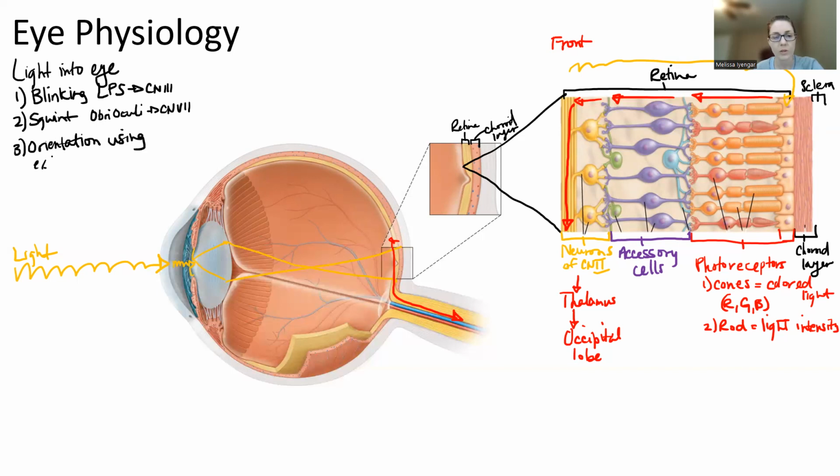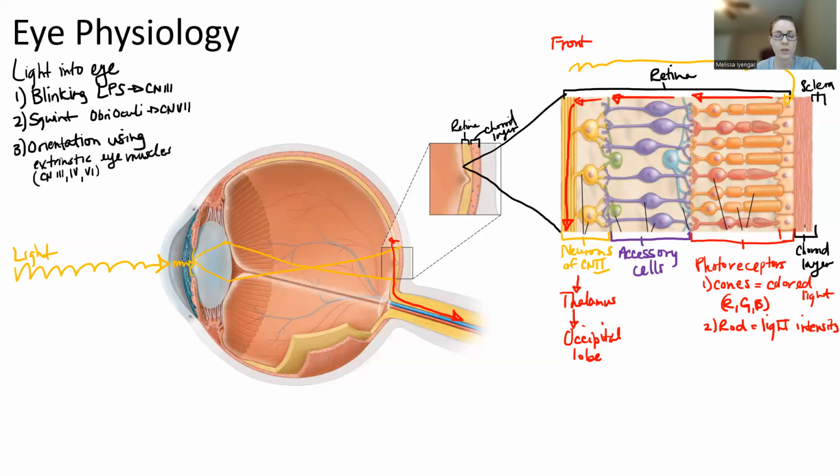And that's going to be using our extrinsic eyeball muscles, which are innervated by several cranial nerves. So we're talking about, remember, CN3, CN4, and CN6, okay? Now, the orientation using these eyeball muscles is also going to help us make sure that light gets sent to the back part of the retina correctly as well.